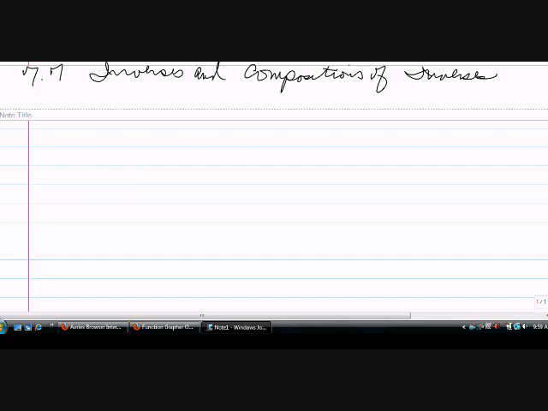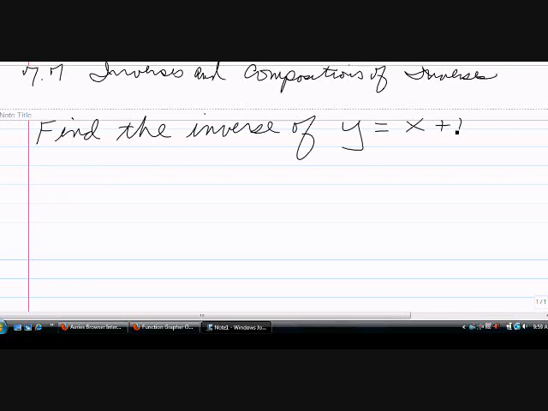So we're going to find the inverse of some functions, and we're going to want to state their domain and range. So first off, we're going to find the inverse. We'll go with y equals x plus 1. Okay.